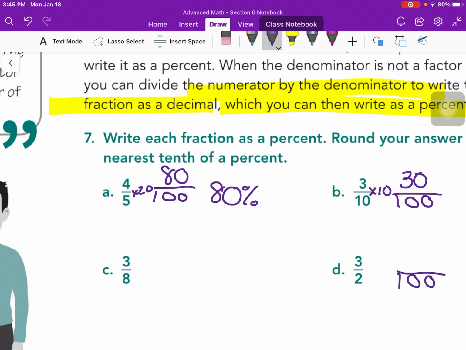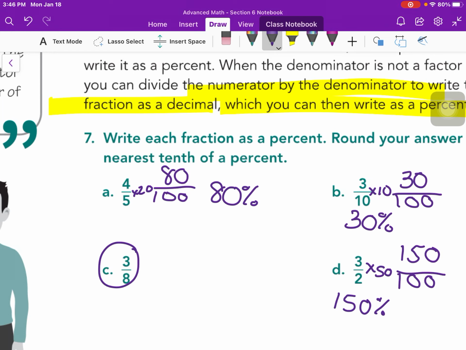So 3 times 10 is 30, so that would be 30%. And D, I can do 2 times 50 to get to 100. So 3 times 50 is 150, so that's 150%.